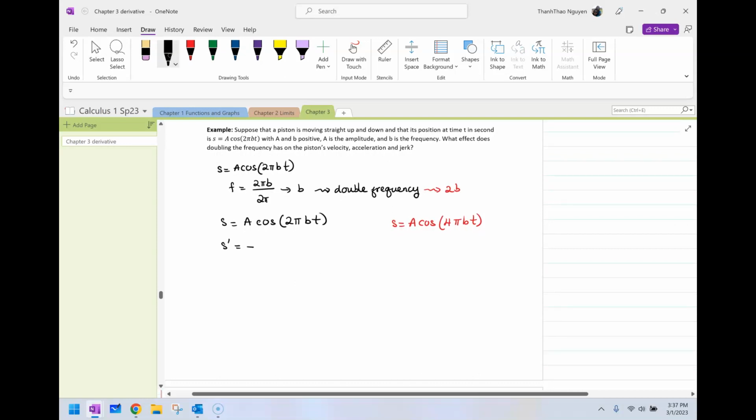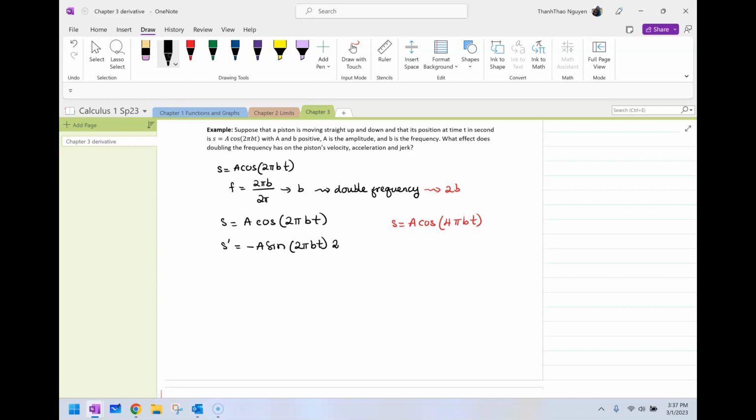So that will be negative a sine of 2 pi bt times 2 pi b. This will be equal to negative a sine of 4 pi bt times 4 pi b. So it looks like it doubles the velocity.